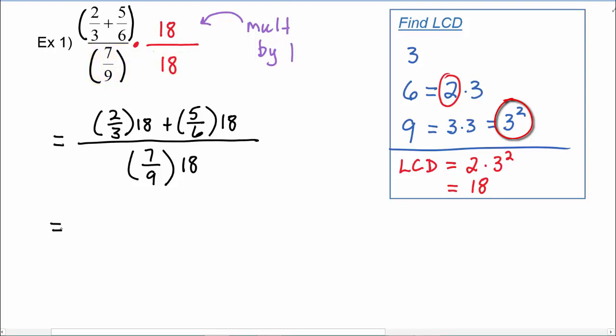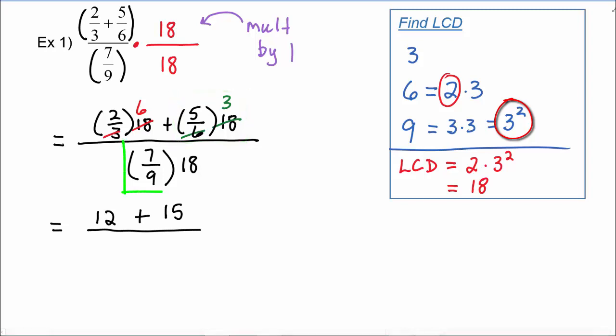Now we can simplify in each of these multiplications. 3 goes into 18 6 times, and we have that 2 times 6 is equal to 12. In the next one, we have 6 goes into 18 3 times, so we're going to get plus 15.